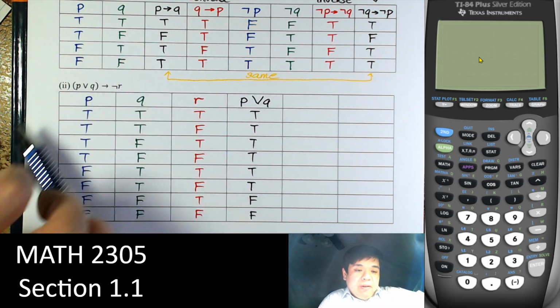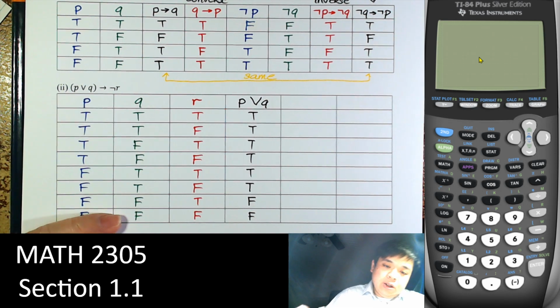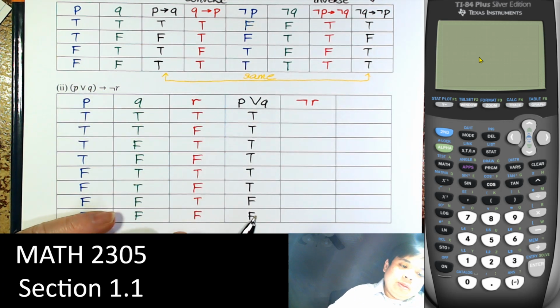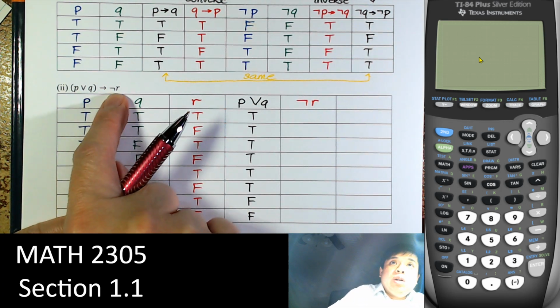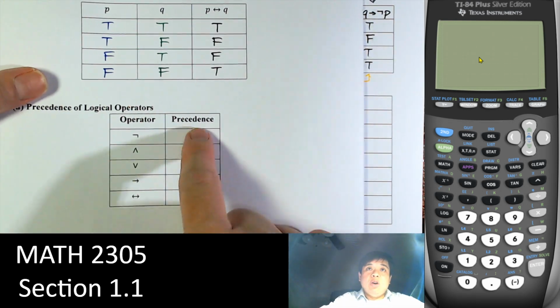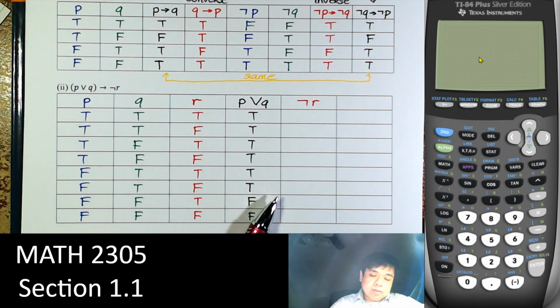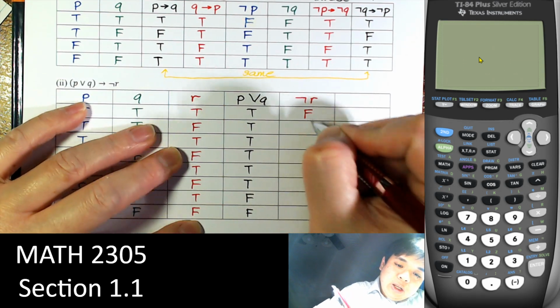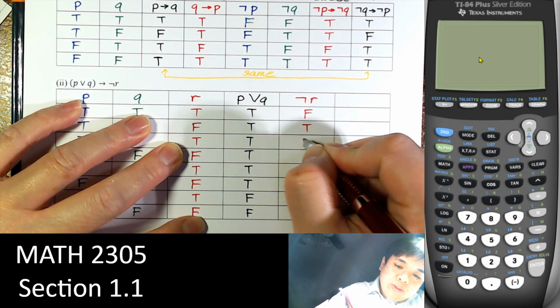Next, we have not (P or Q). I have to do the negation before the conditional statement. So this is all the operations. So for not (P or Q), just turn true to false and false into true.